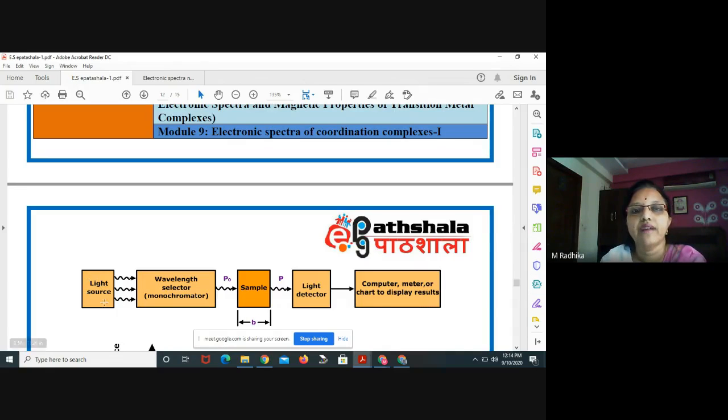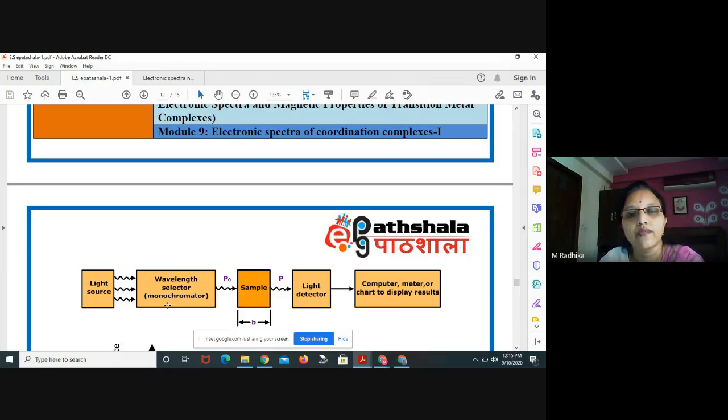So we have the light source. You have simply your usual tungsten filament bulb. Once the bulb is switched on, it will give various wavelengths, but we need only one wavelength. So we use filters. If I want 560 nanometers, 600 nanometers, or 450 nanometers, I select the wavelength.